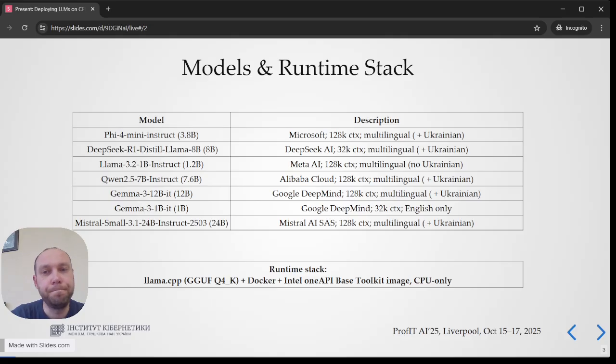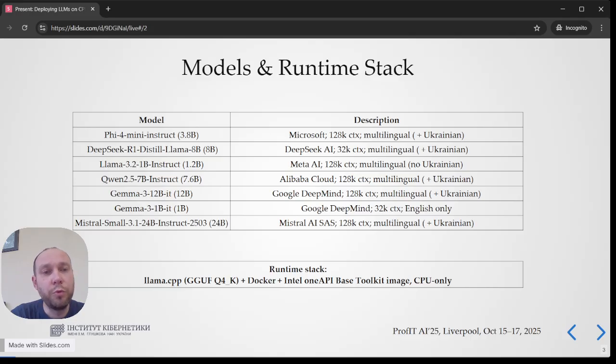Important information: the llama.cpp tool is compiled with Intel oneAPI compilers inside a specialized Docker container derived from the Intel oneAPI base toolkit image, which gives us a consistent MKL BLAS and runtime stack for reproducible CPU performance.